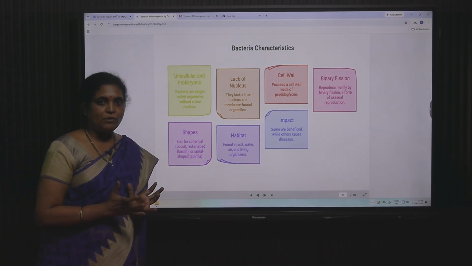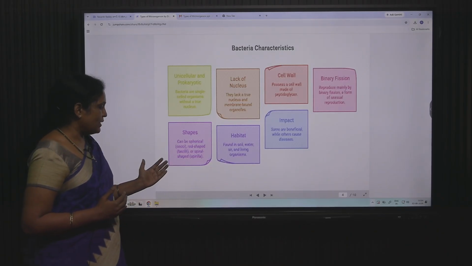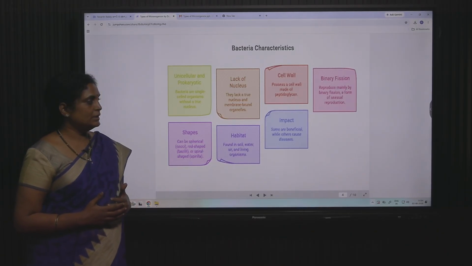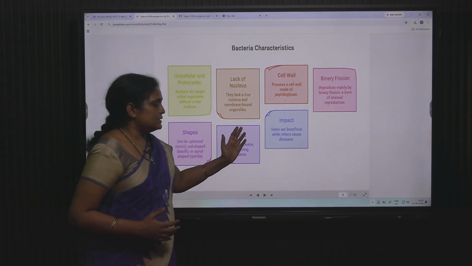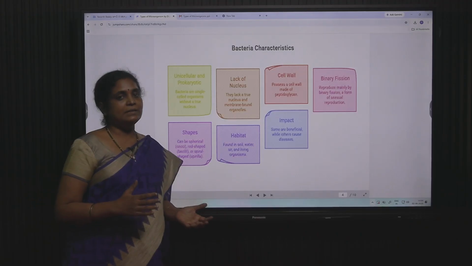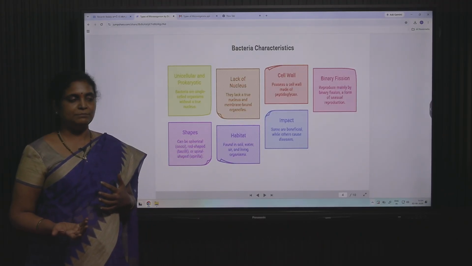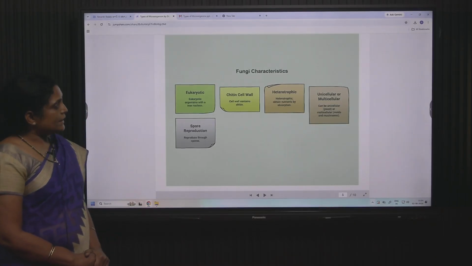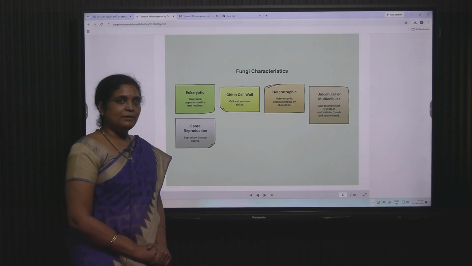One is cocci, that is circular form, the second is the spiral form, and the third is the rod shaped bacteria, called bacilli. Most bacteria are useful and some bacteria act as pathogens, that means they cause diseases.